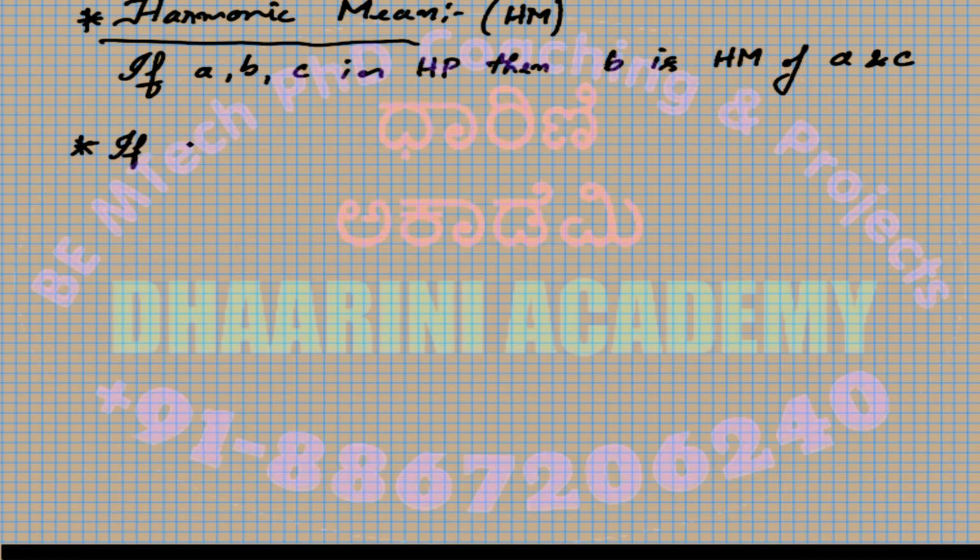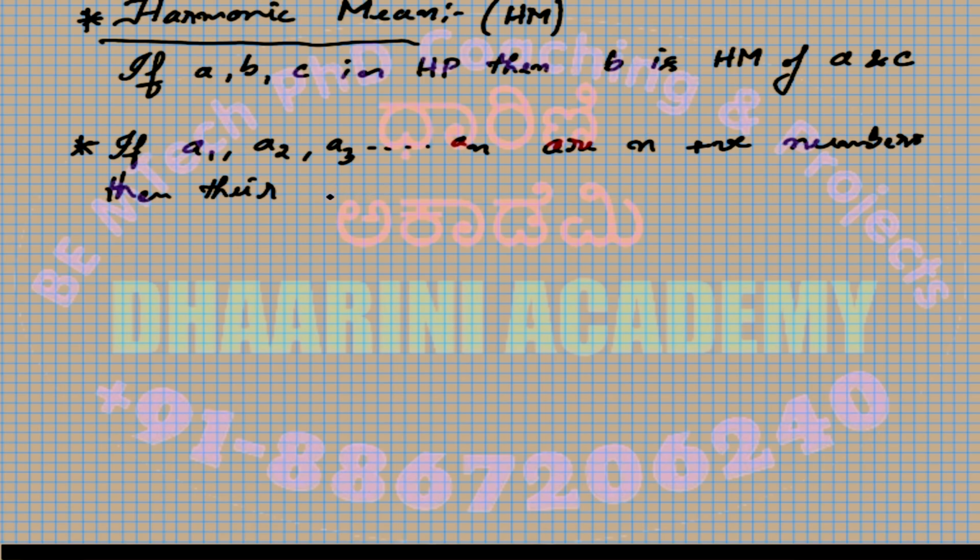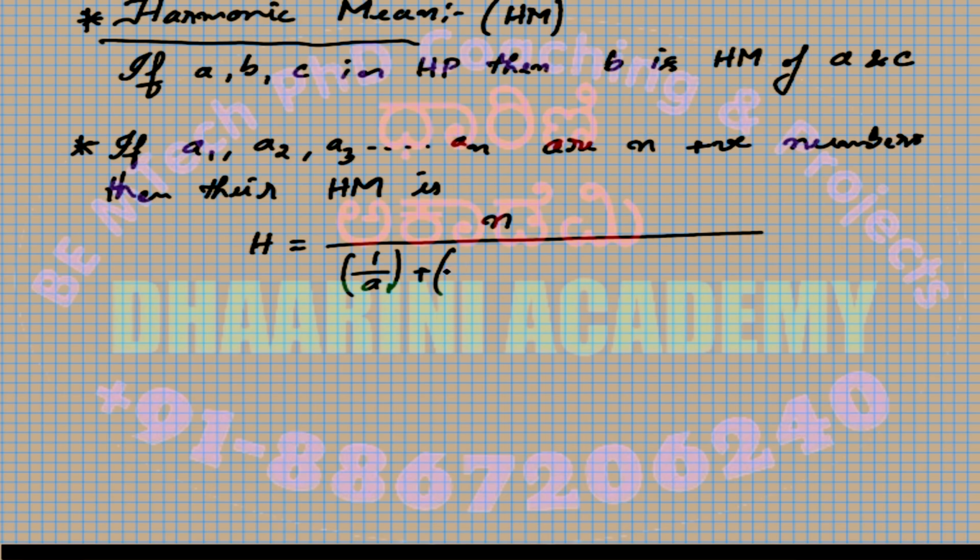If we have the terms A1, A2, A3, up to AN, which are n positive numbers, then their harmonic mean is H equals n divided by 1 by A1 plus 1 by A2 plus 1 by A3 plus dot dot dot up to 1 divided by AN.